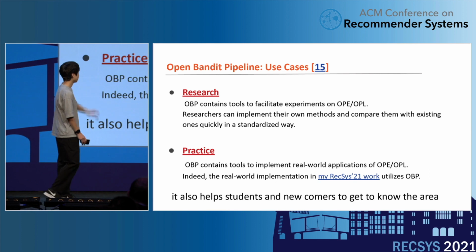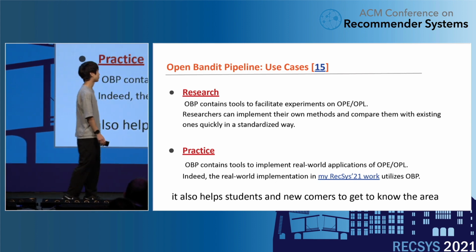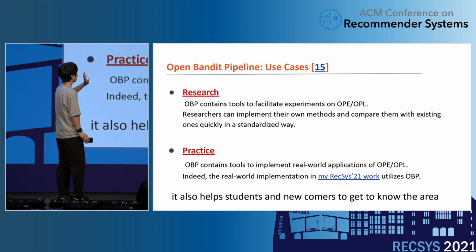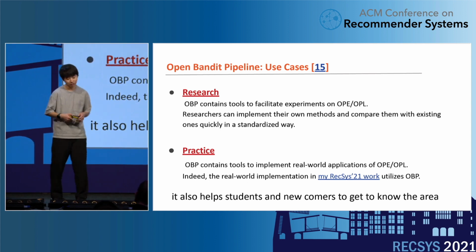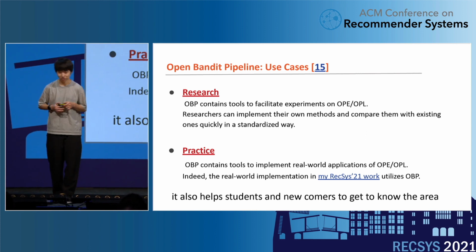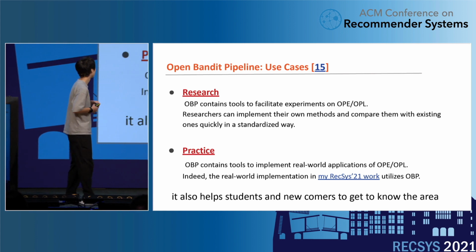So researchers can implement their own off-policy evaluation methods. They can propose new off-policy estimators, and then compare their new method with existing estimators very quickly, in a reproducible and standardized manner, because the pipeline has already implemented a wide variety of existing off-policy estimators. You don't have to implement the baseline estimators anymore.